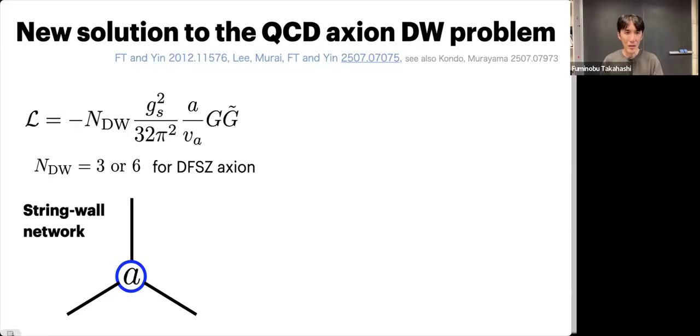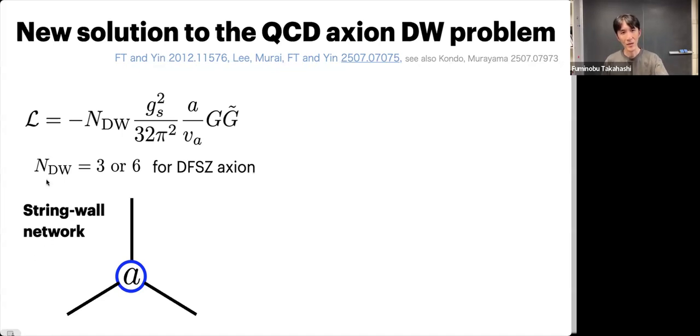And as you know, in the DFSZ axion model, the ordinary standard model quarks running in the loop connect the axion to gluons. And because of the generation number of quark flavors, the domain wall number, N_DW, is equal to either 3 or 6, depending on how the PQ scalar is coupled to the Higgs sector.